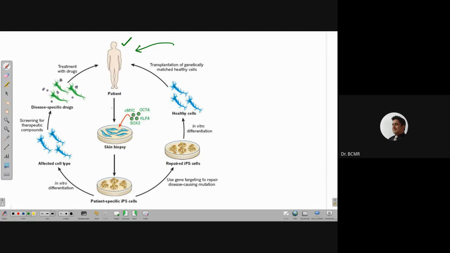So the idea is to take cells from the patient and then induce pluripotency. The cells taken from the patient, from a skin biopsy for example, are completely differentiated, right? And we need to generate induced pluripotent cells. There are multiple types of potency: totipotency, pluripotency, multipotency and unipotency.